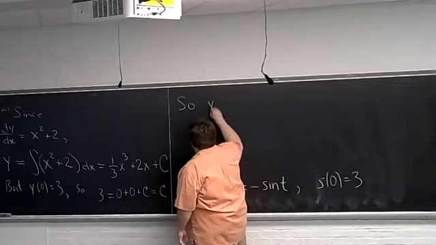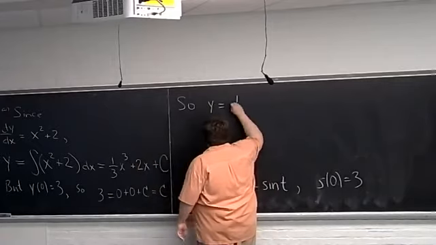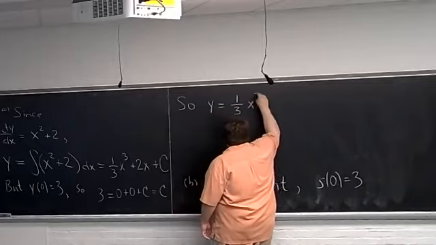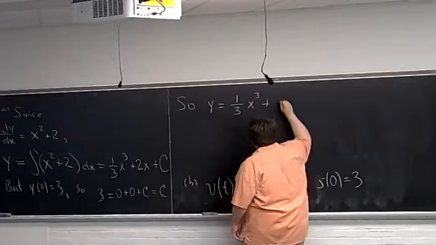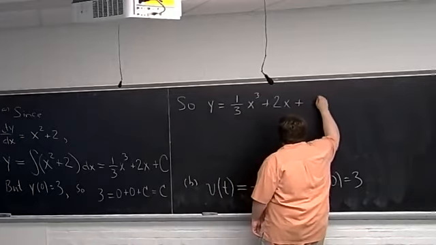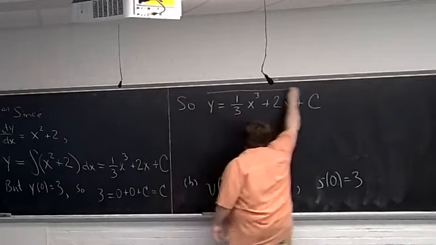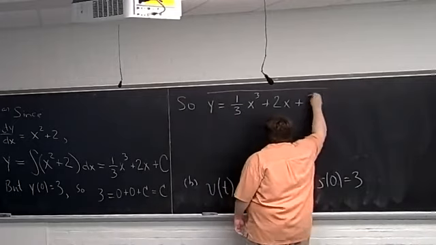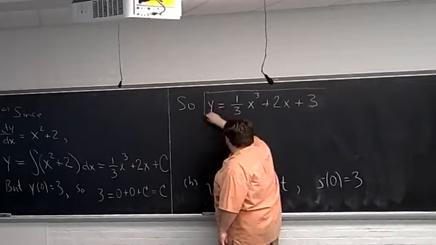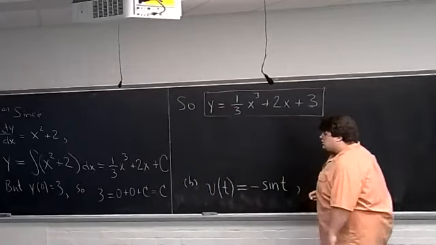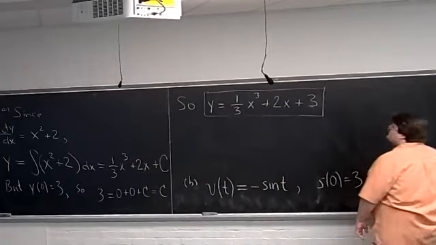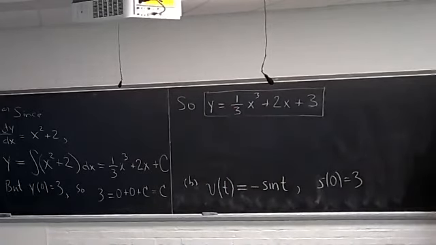So y equals one third x cubed plus 2x plus 3. We found that c value of 3 satisfied that initial condition. Any questions about part A?